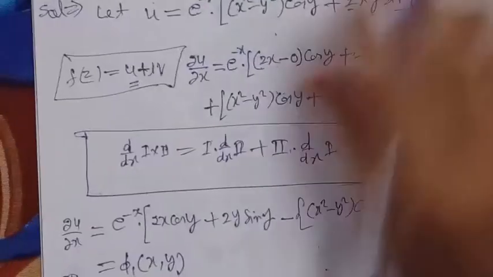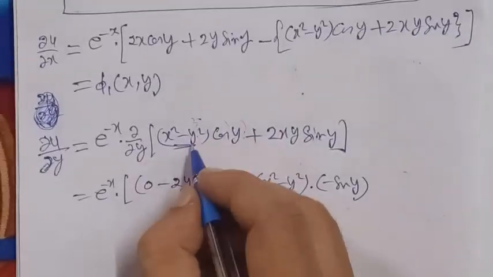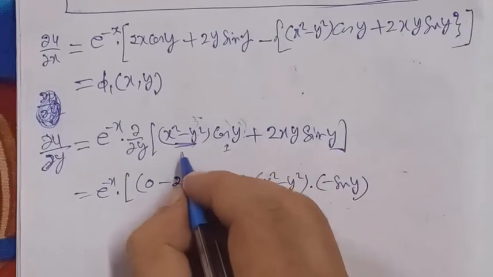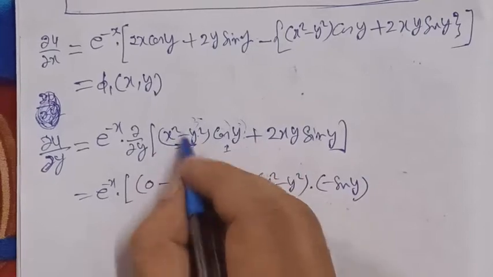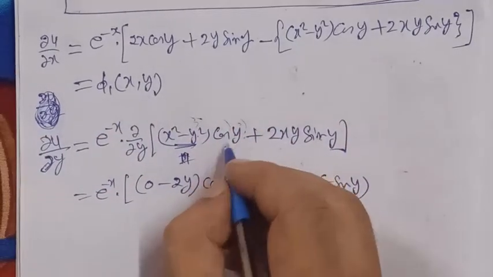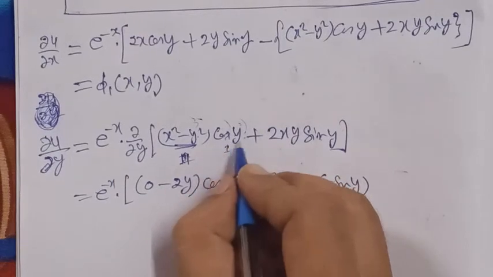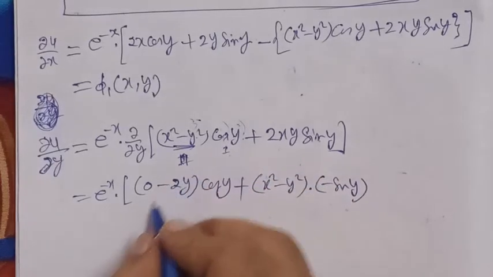We apply this formula here, first and second function. I consider cos y as the first function and this value as the second function. It is not necessary to consider cos y as the first function. You can consider second and first.